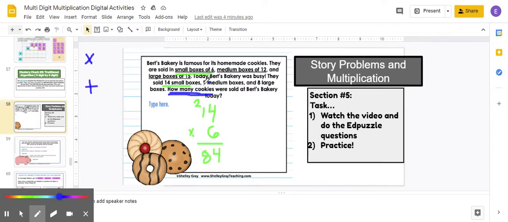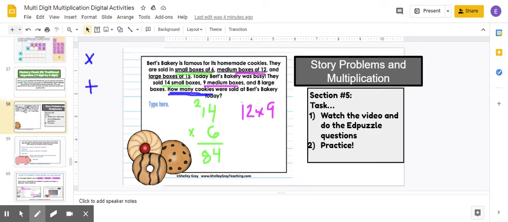So then we're going to choose a different color and go to the medium boxes. We're going to say, okay, well, there were 12 boxes, and there's 9 cookies in each box. So we are going to do 12 and multiply that by 9. I'm going to do the method where I break it up. I'm going to think about it as partial products.